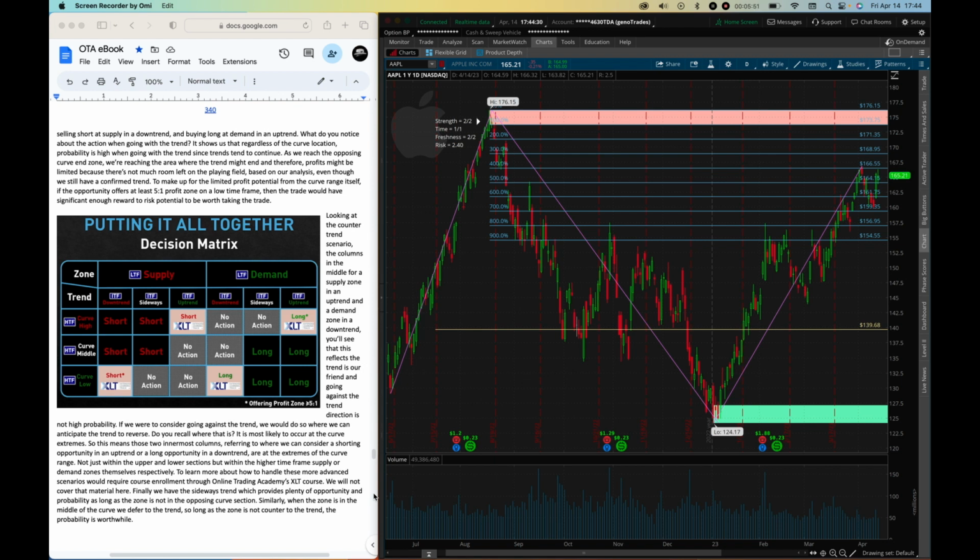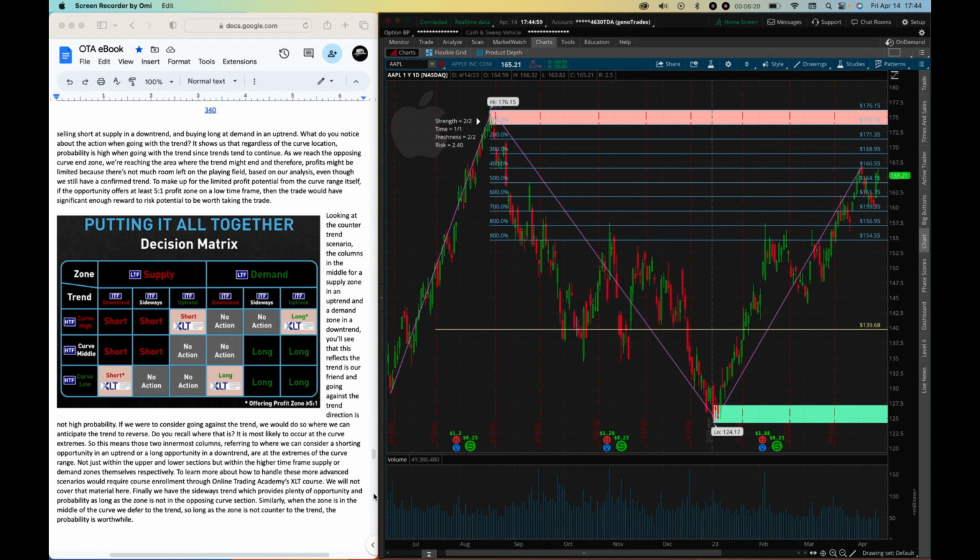Those areas are the extremes of the curve range. Not just within the upper and lower sections, but within the higher time frame supply or demand zones themselves, respectively. To learn more about how to handle these more advanced scenarios would require course enrollment through Online Trading Academy's XLT course. We will not cover that material here.